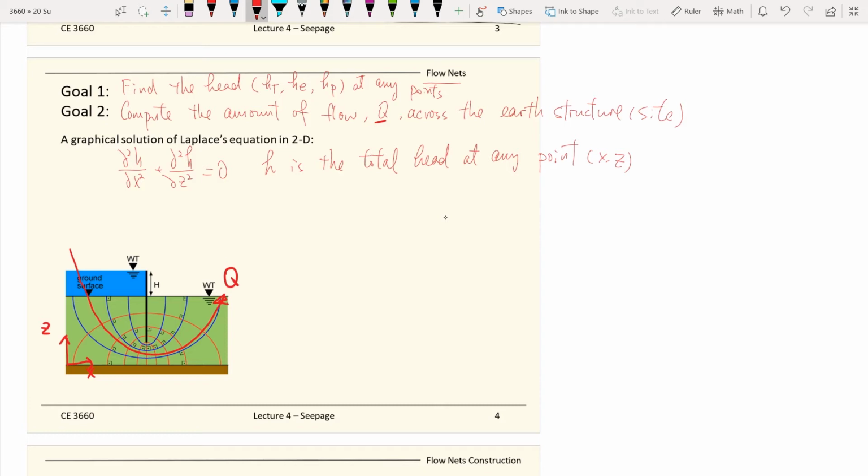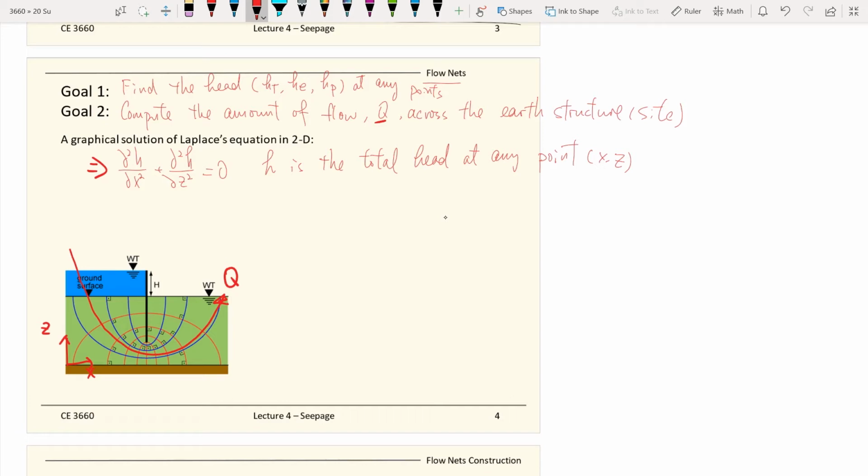Not only in the office, people needed to find a quick answer right on the spot, right in the field. So to solve these differential equations, they came up with a simplified graphical procedure to draw the flow net. So once you're able to draw the flow net, you pretty much solve these equations right there. In the next two slides, we will talk about how to draw the flow net.